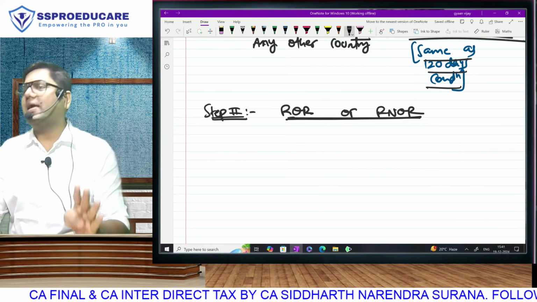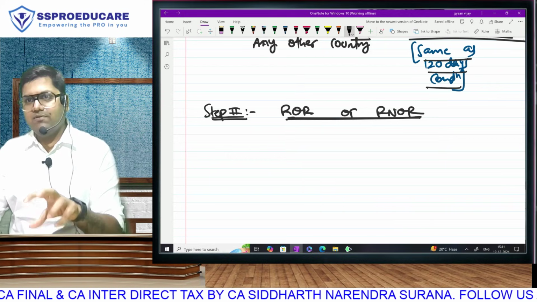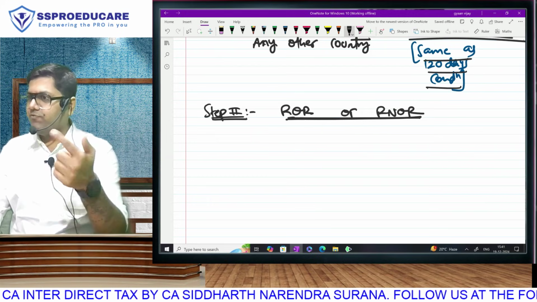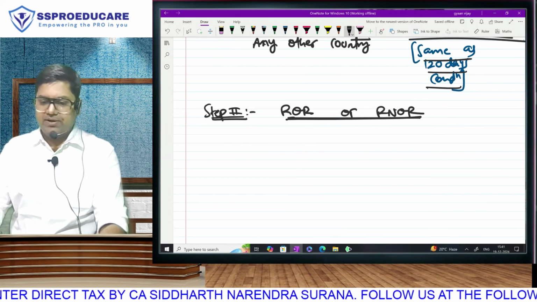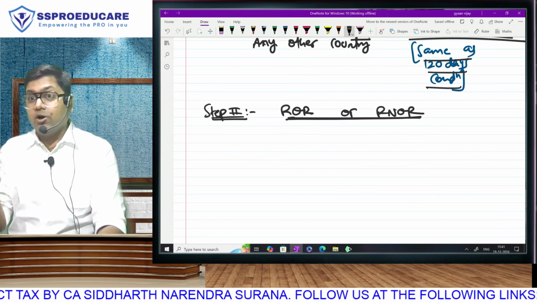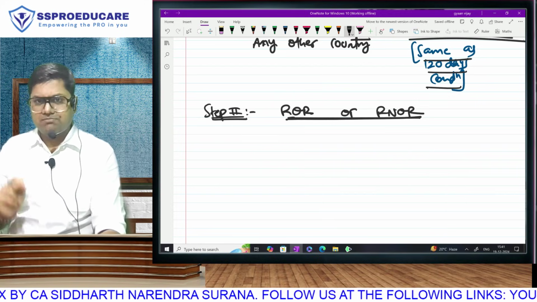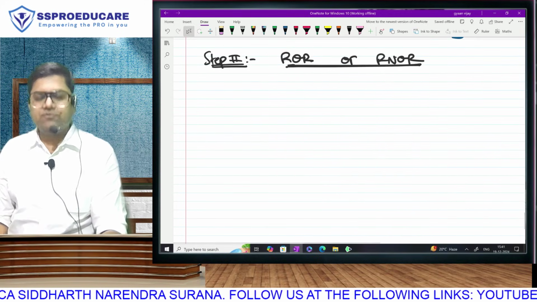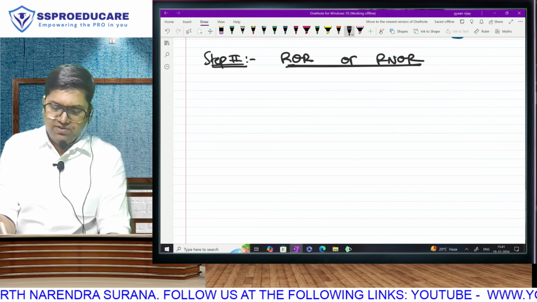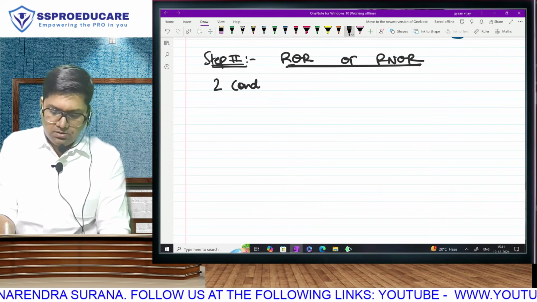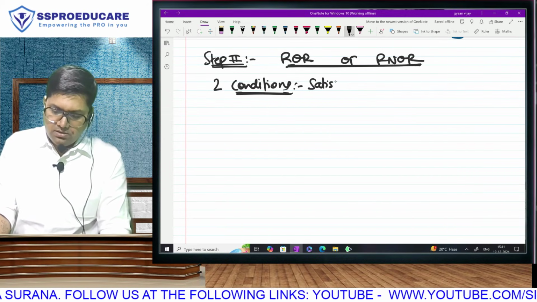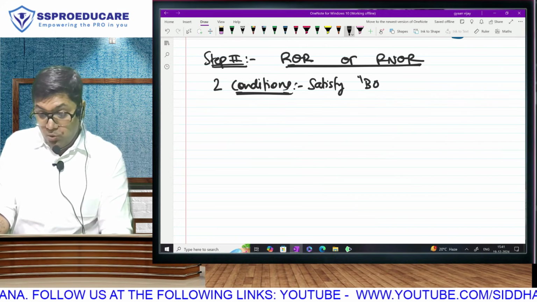Foreign income not at all taxable for NR. For resident, if controlled from India, then ROR or RNOR both will be taxed. If domestic sources, then only ROR will be taxed. But all these things that I am speaking, in the second part, Indian income, foreign income, who will pay tax, I will be doing in writing. But for now, step number 2, that is ROR or RNOR. Here we have been given 2 conditions. And this time they say, satisfy both.